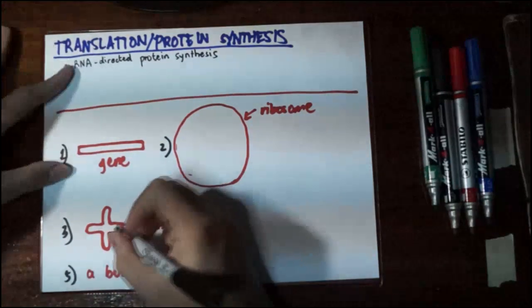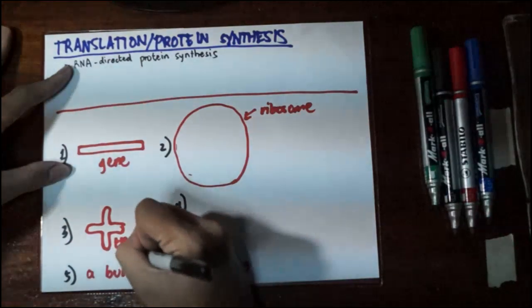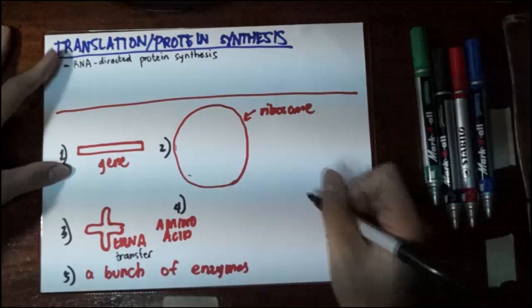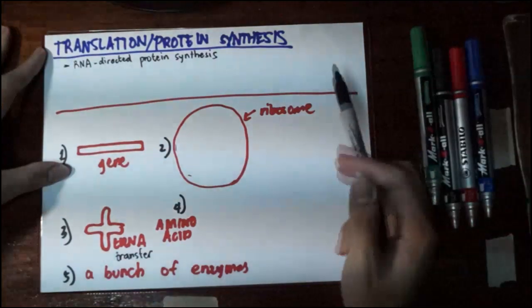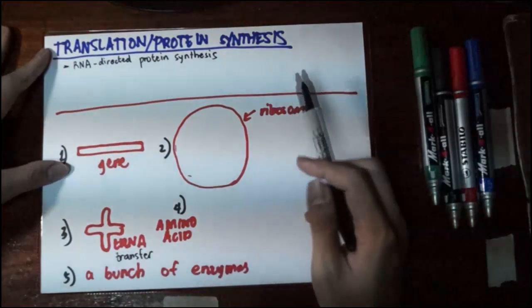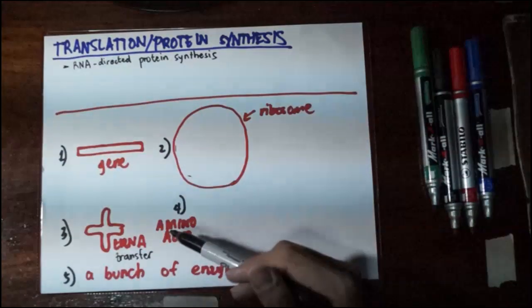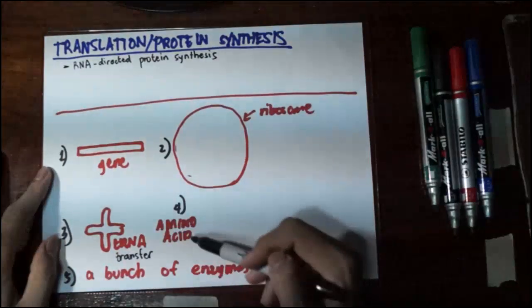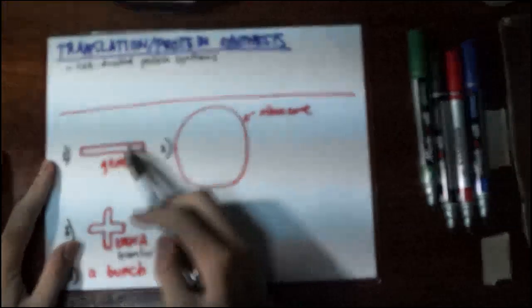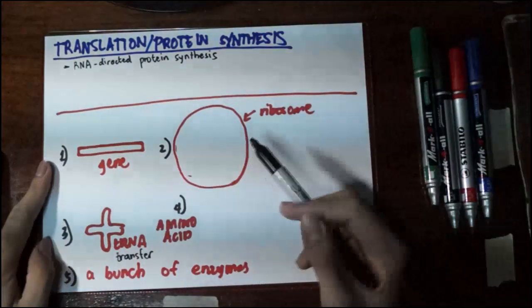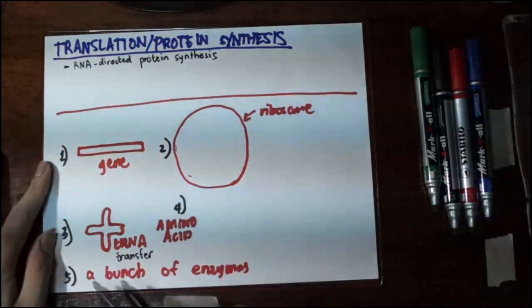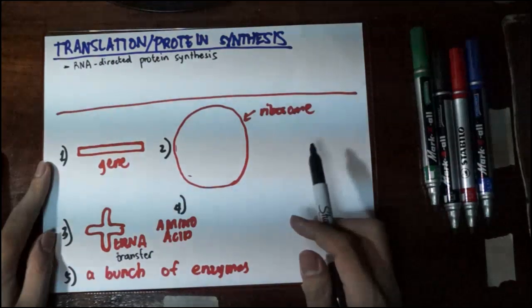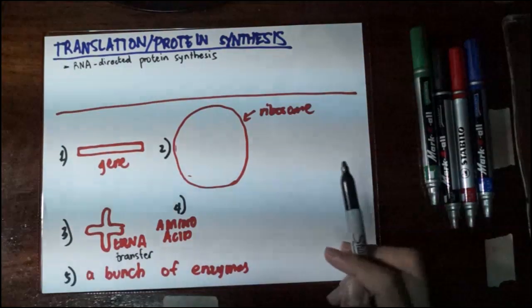T stands for transfer. The purpose of tRNA, very much unlike the mRNA, is to bring the amino acids to the ribosome. These amino acids are the components that will make up the proteins that correspond to whatever the ribosome reads of the gene that comes into it. And fifth, a bunch of enzymes that we will discuss later on.